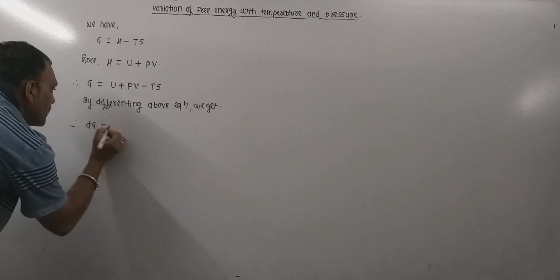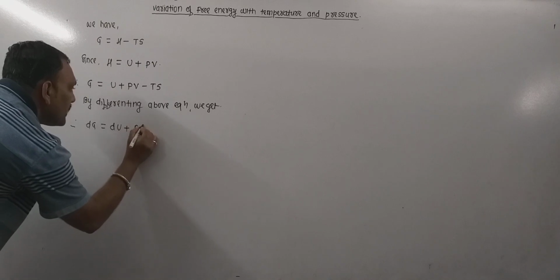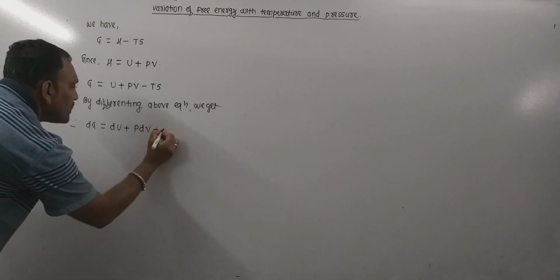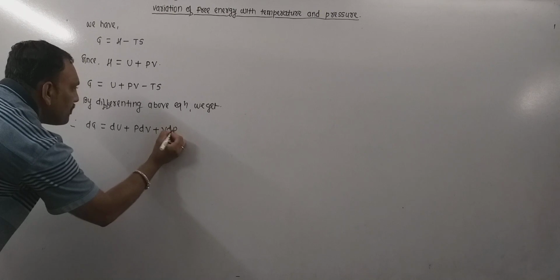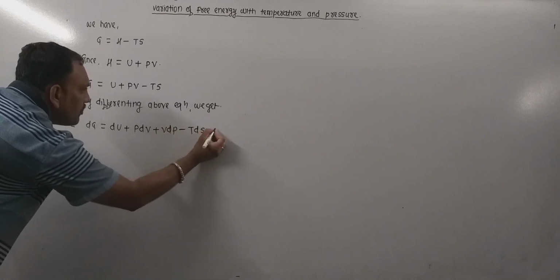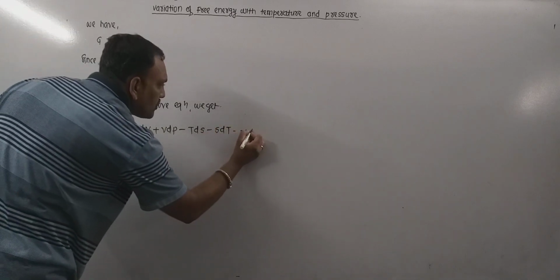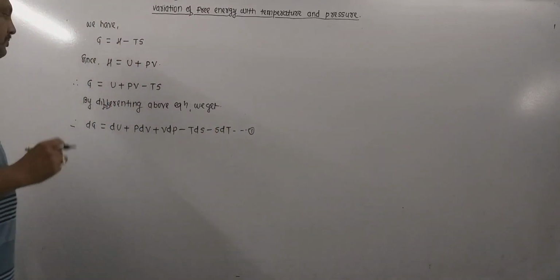dG equals dU plus PdV plus VdP minus TdS minus SdT. This is supposed to be equation 1.